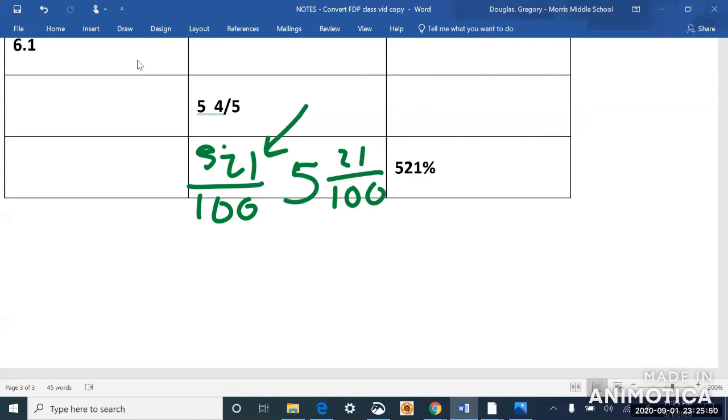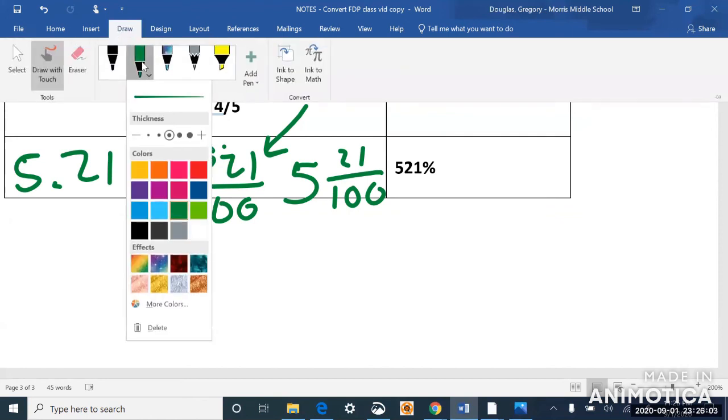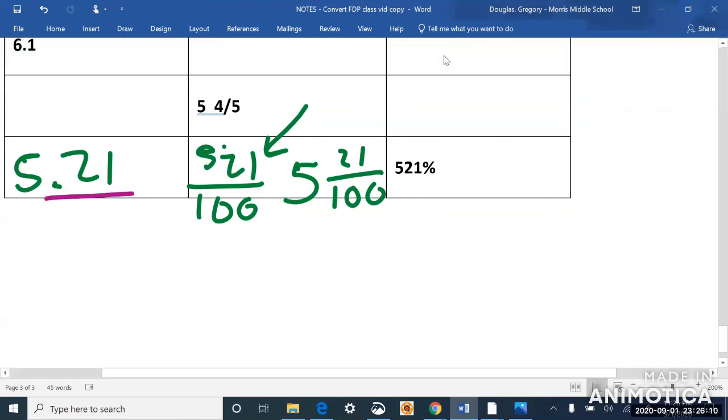Changing that to a decimal would be 5.21, because we got it per 100, so we just need to, let me change colors so you can see this. Let's go with purple. So you remember earlier where we just drew a fraction bar?